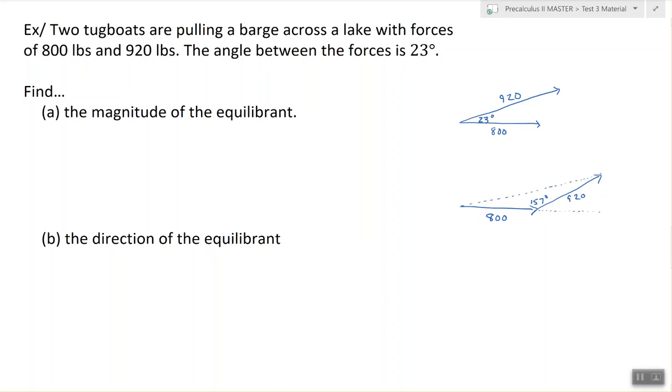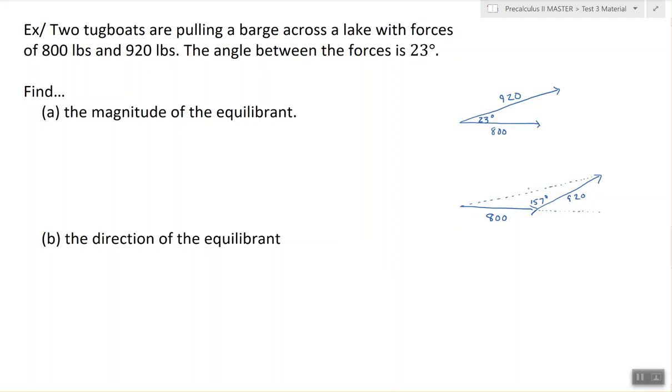It goes this way. If we want to find the equilibrant, it's going to be the opposite of the resultant vector. So we want the vector that is going this way and has the magnitude of the resultant vector.